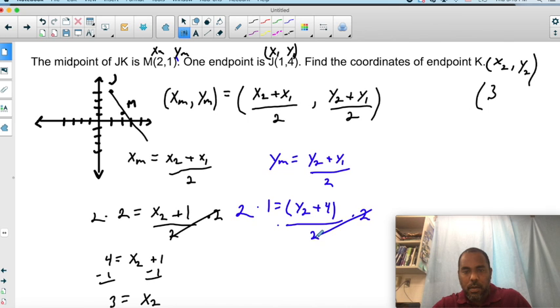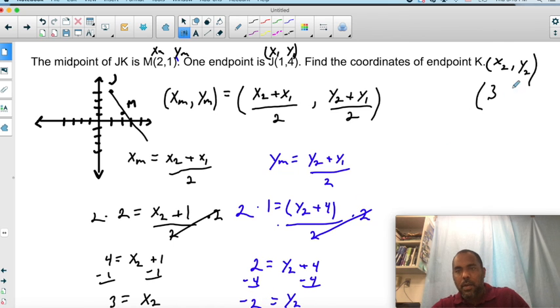The 2's then cancel out. 2 times 1 is 2, is equal to y2 plus 4. Solve for y2. Subtract 4 on both sides of my equation. That gives me y sub 2 is equal to 2 minus negative 4, negative 2. So the y value in K is negative 2. Now we have our coordinates. Our coordinate of K is at 3, comma, negative 2.